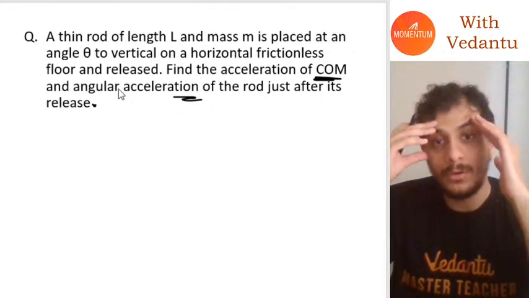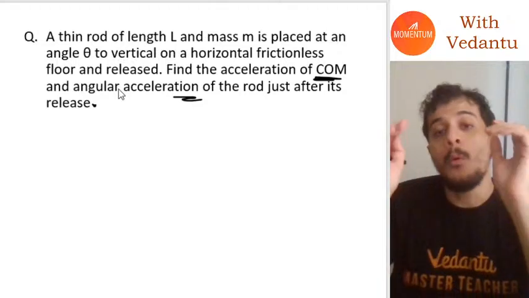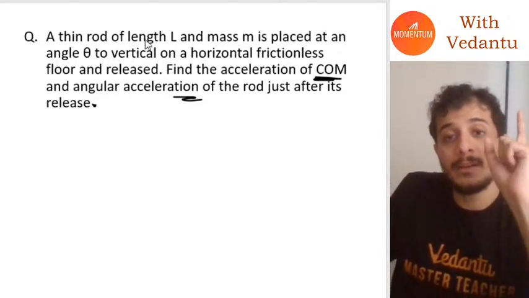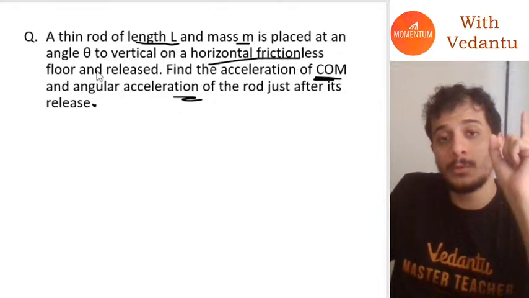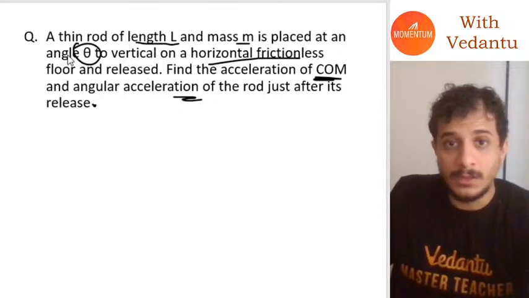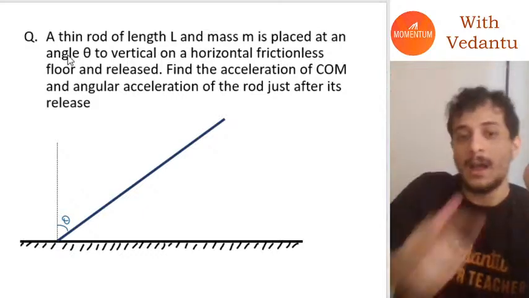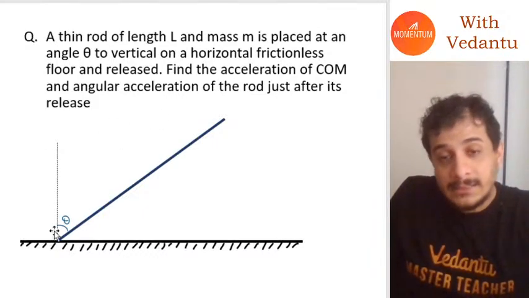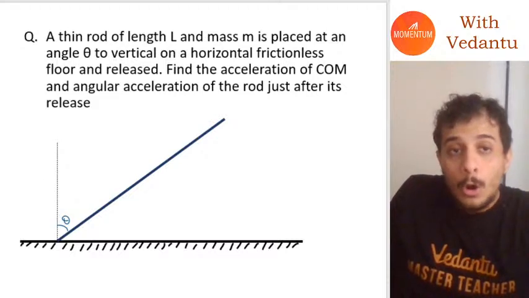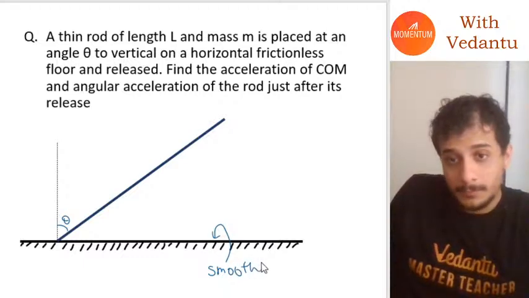So first thing we will do is make our own diagram. We have a rod of length L and mass M on a horizontal frictionless floor, at an angle theta to the vertical. A frictionless horizontal floor means it's a smooth floor.